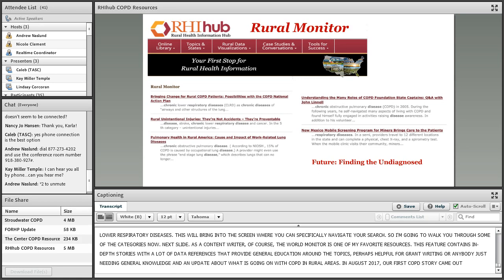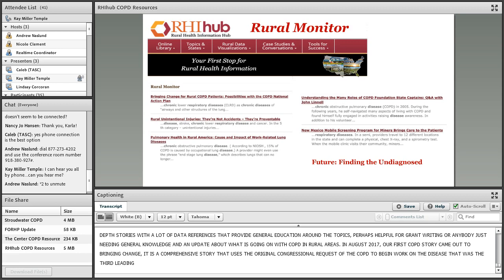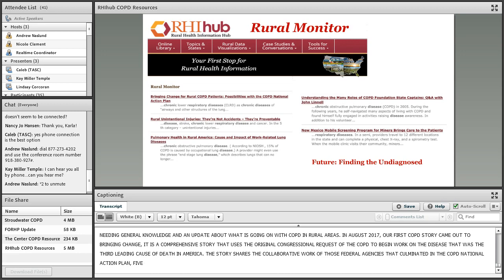It is a comprehensive story that reviews the original congressional request of the CDC and the NIH to begin specific work on the disease that at that time was the third leading cause of death in America. The story shares the collaborative work of those federal agencies that culminated in the COPD National Action Plan. Five stakeholder groups are spotlighted, and the rural touch points are outlined in this story.